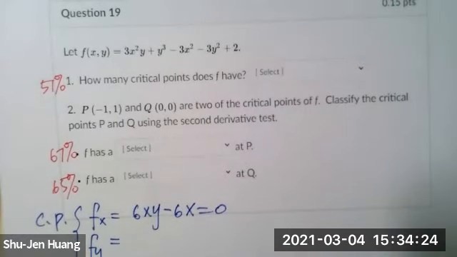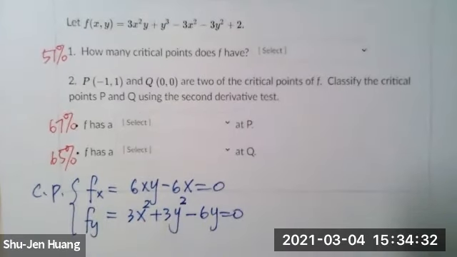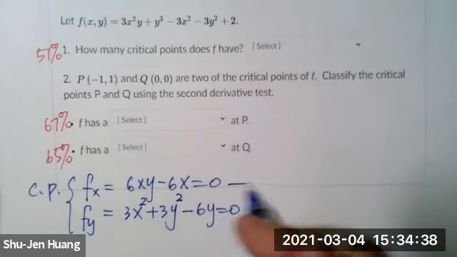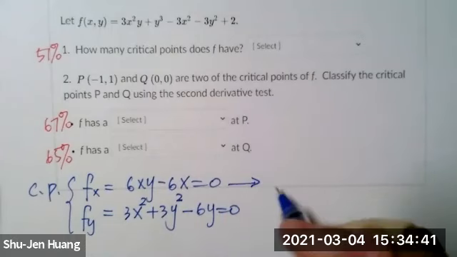The partial derivative with respect to y, we have 3x squared plus 3y squared minus 6y equal to 0. Okay, so this is from the first partial derivatives.